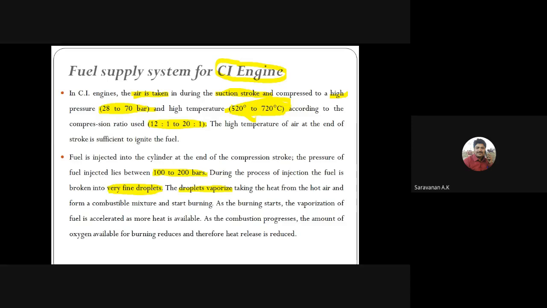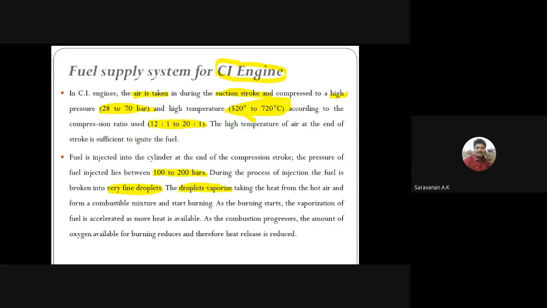That heat will be taken into the droplets, and they will start to ignite. That process is called the burning of the fuel in the fuel supply system of the CI engines.